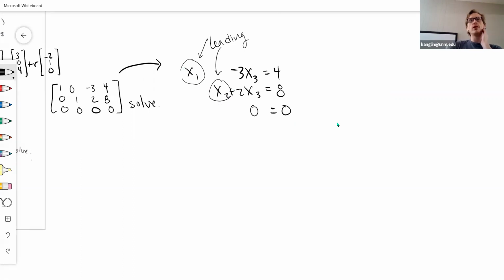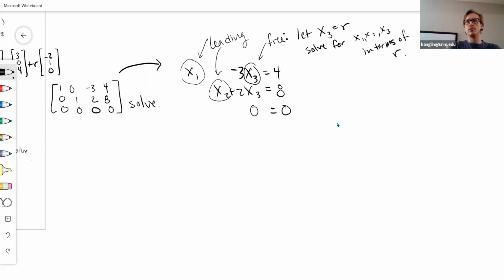So from here, any variables remaining are free variables. So x3 is a free variable. We let the free variable equal a parameter value and solve for the leading variables in terms of that parameter. This will give us our general solution.